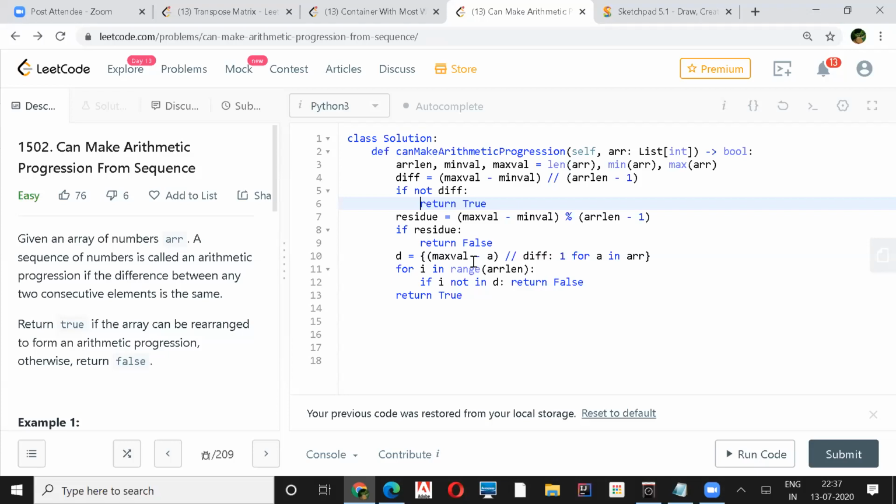You are trying to form A plus D, A plus n minus 1 D, something like that, but you are trying to form it from the max value. Okay, you are coming from the back side, and you are checking again in the array. Yeah. Cool.